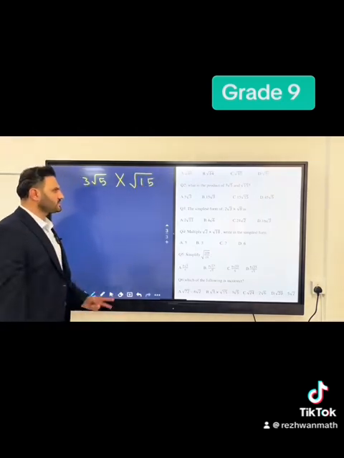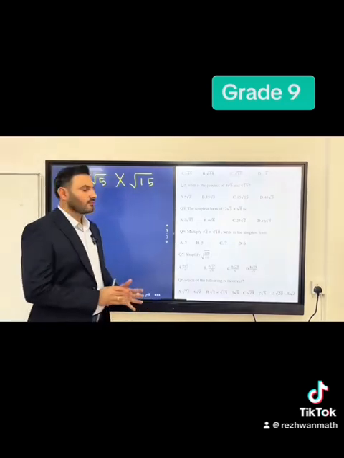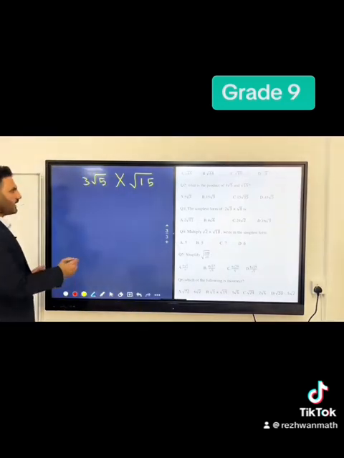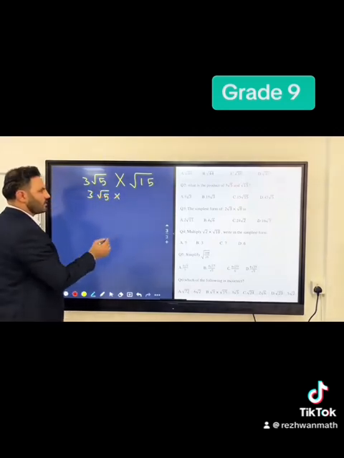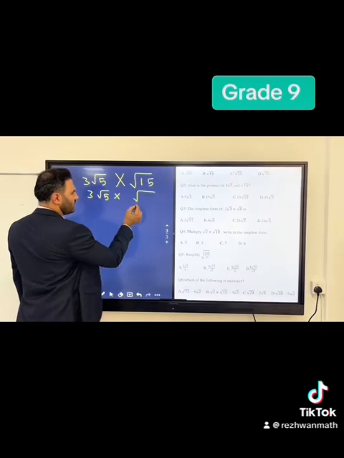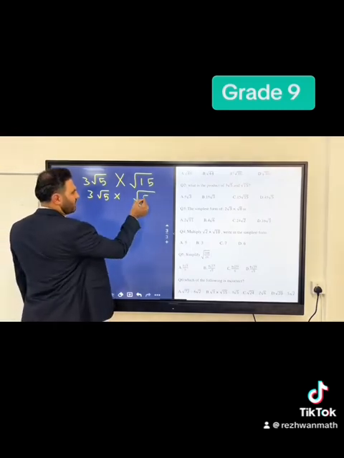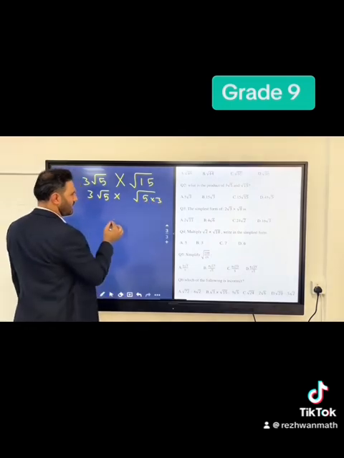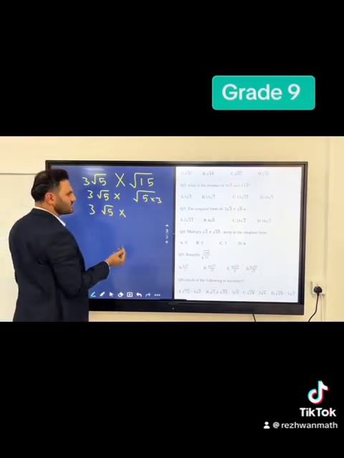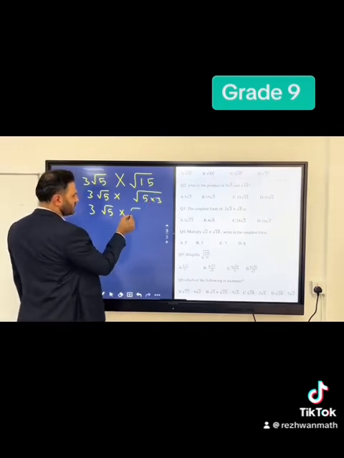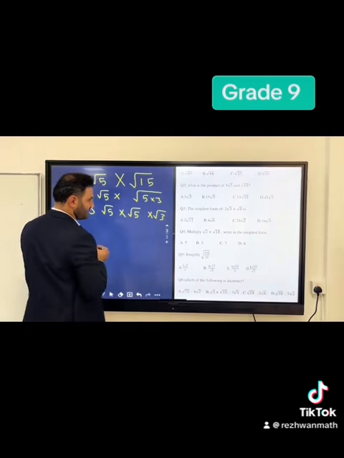Now we need to simplify square root 15, then multiply each square root. What are the factors of 15? 5 times 3. So 3 square root 5 times, we distribute the square root for both 5 and 3, so we have square root 5 times square root 3.